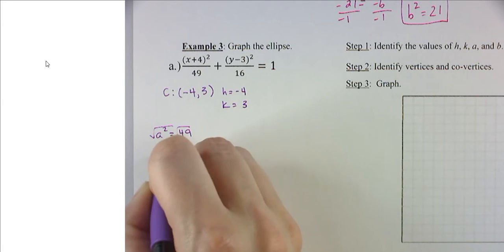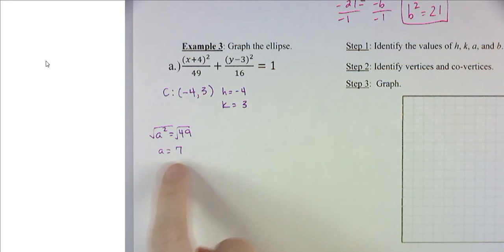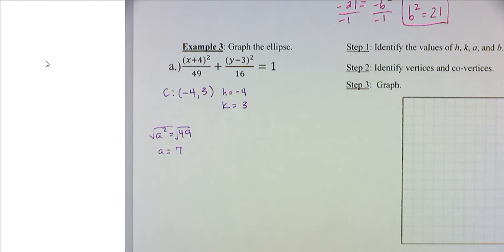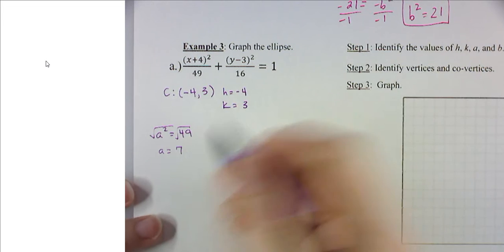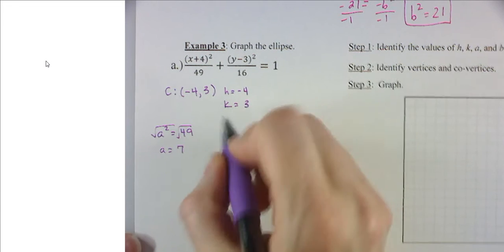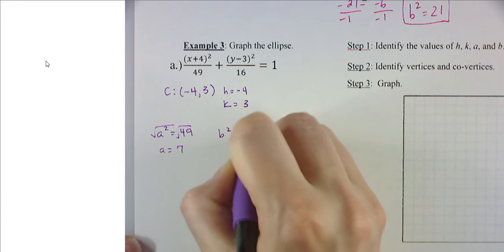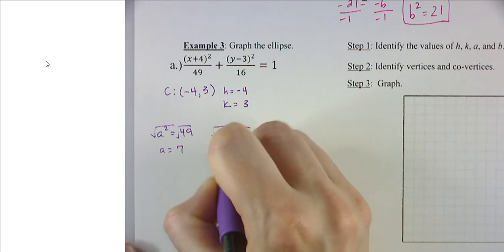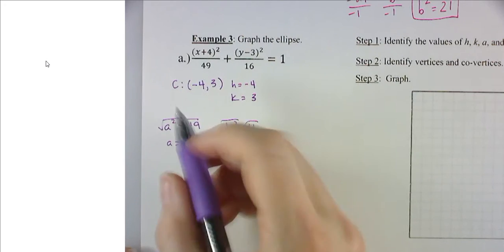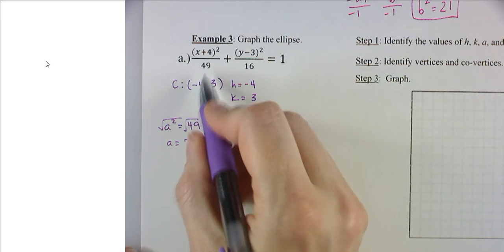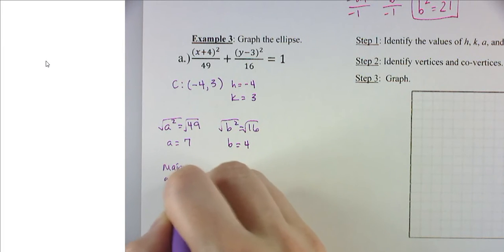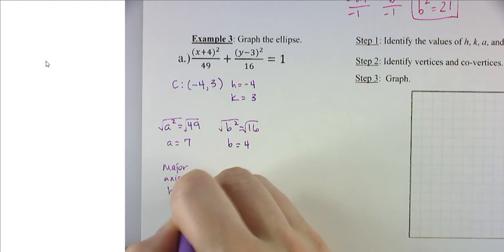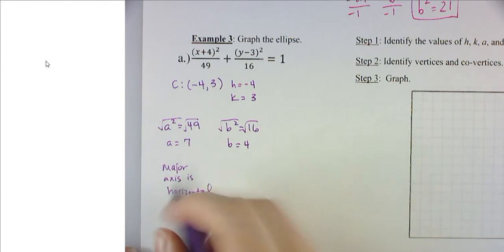And again, you really only have to worry about your positive value here. And then your B squared is 16, which means your B value is going to be 4. Okay, now we also know that the major axis is horizontal because the value under X is larger.